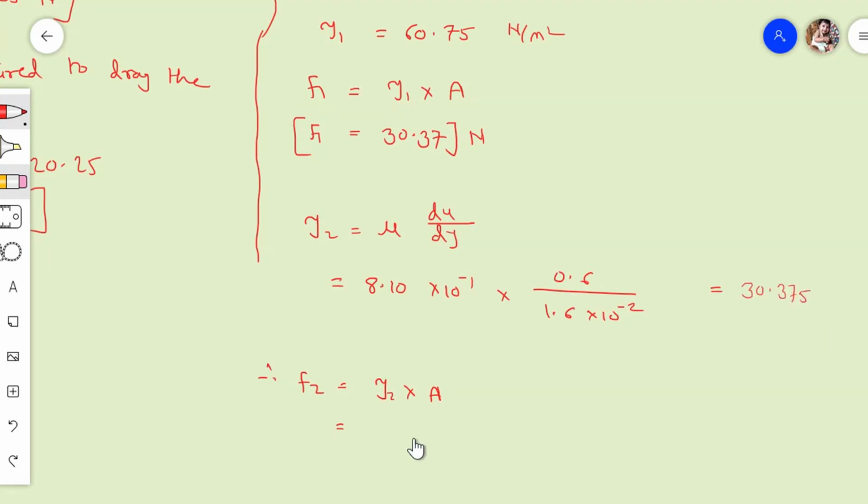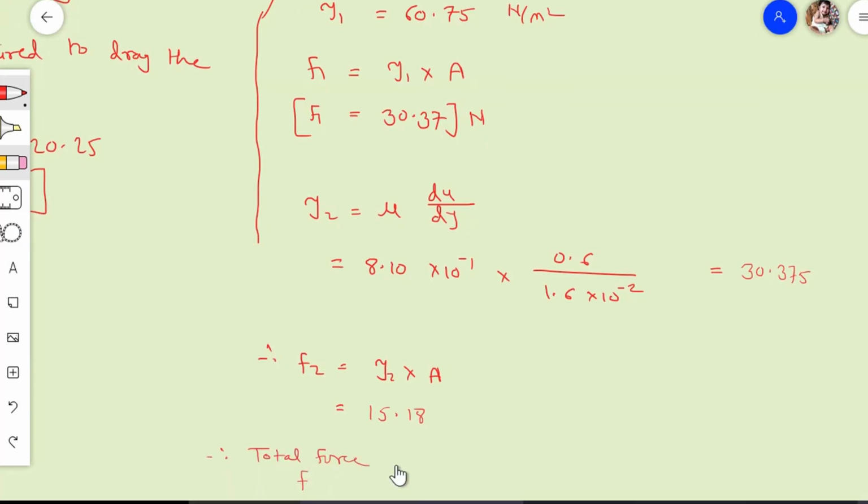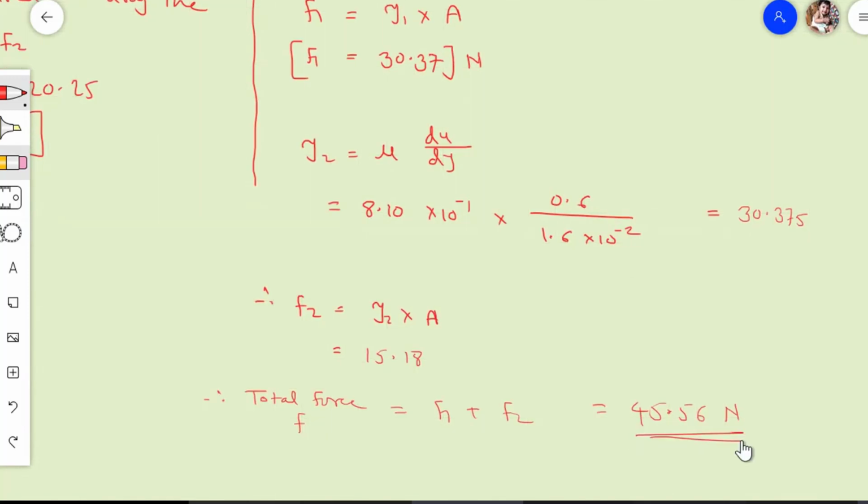Okay, multiplied by area, 15.18. So total force required is equal to F1 plus F2, which is 45.556 Newton. So that much force is required.